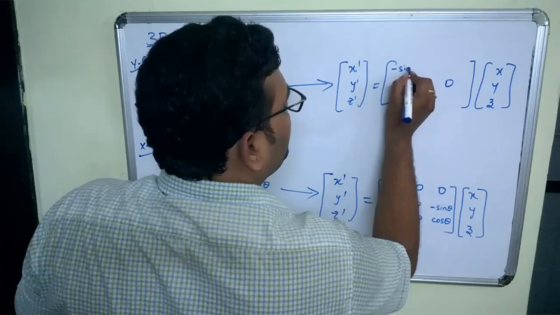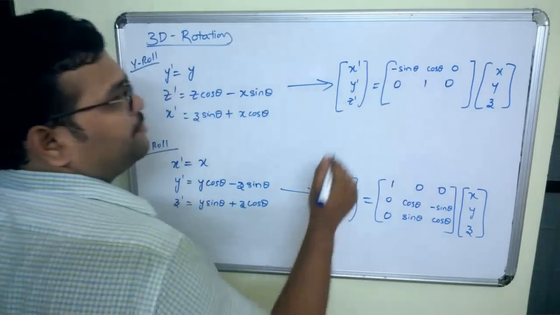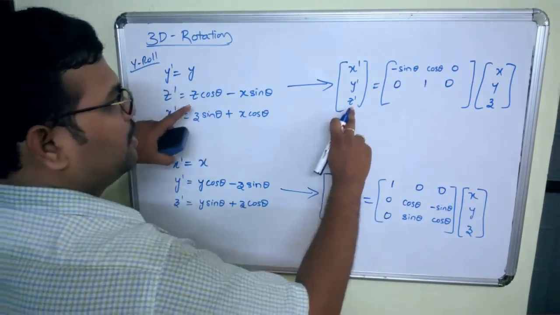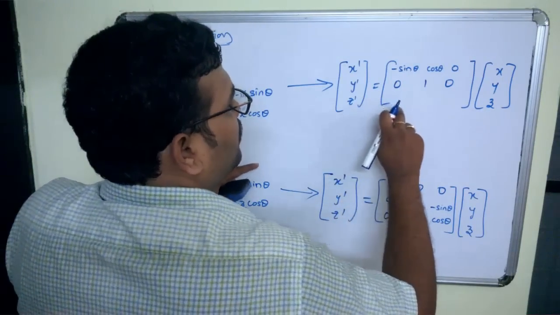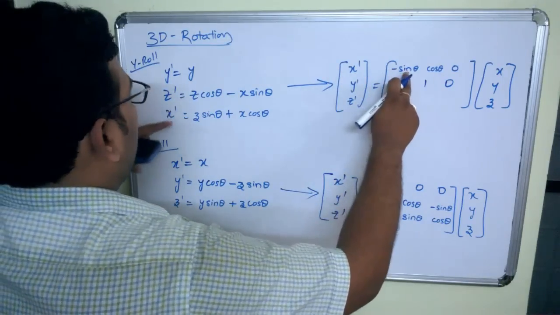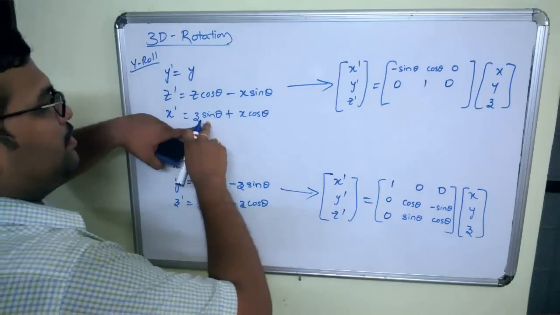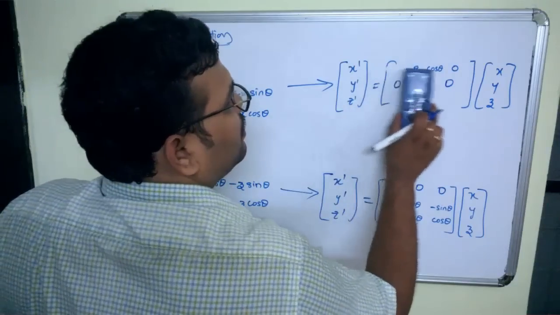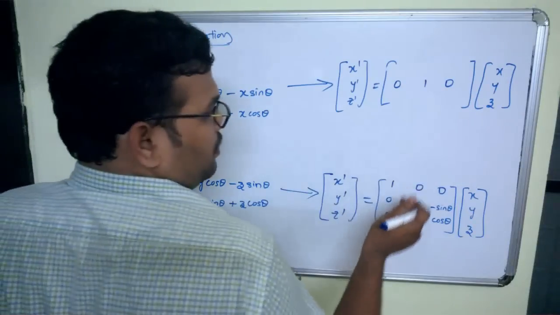So here it will be minus sin theta, cos theta, 0, and here z dash is equal to x dash is equal to, see here, z sin theta, so here it will be 0 and 0.